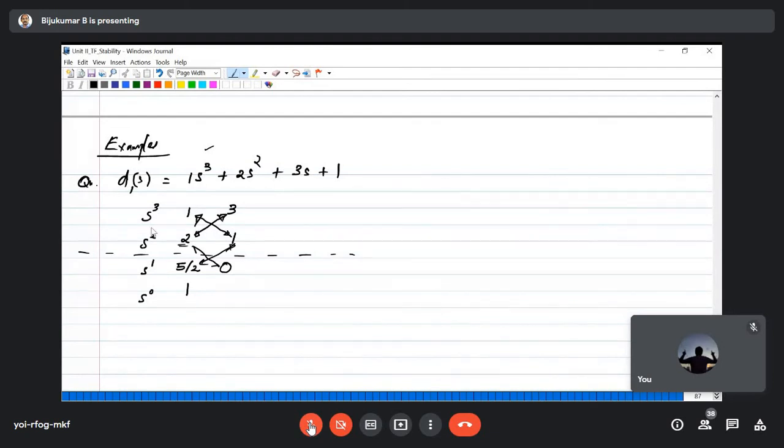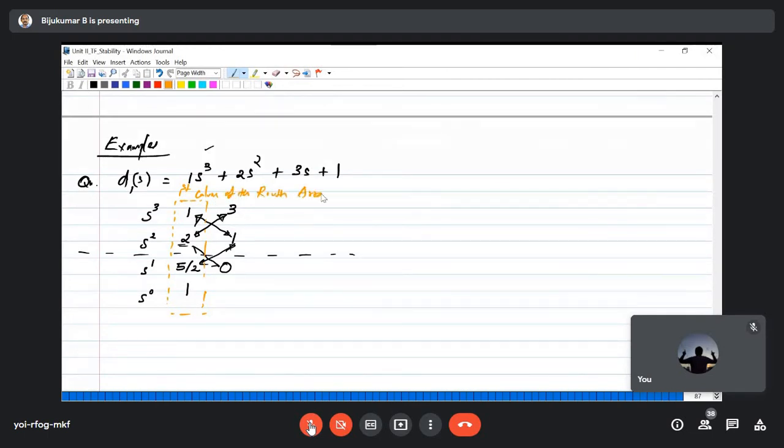So now we have formed the Routh array. This is the first column of the Routh array.